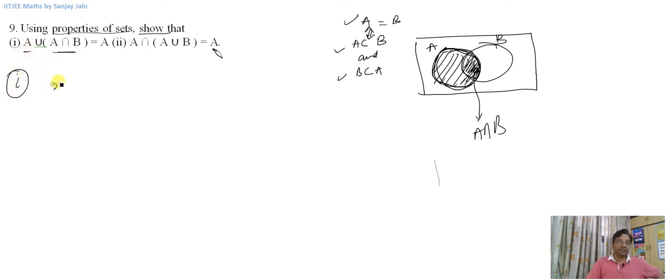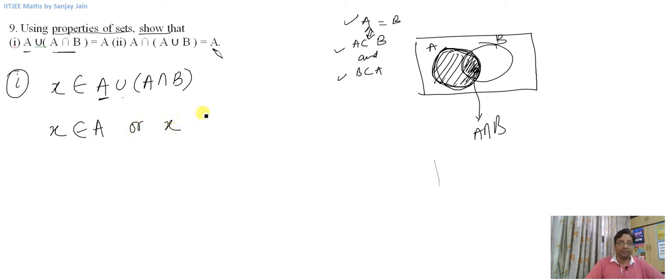So if I take an element X that belongs to A union A intersection B, what does that mean? That means X belongs to A, or X belongs to A intersection B. This is the meaning of this union; this "or" has come from this union.